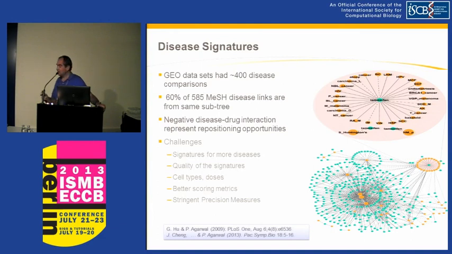Now, with all these expression-based approaches, like genetics, you have some key challenges. The quality of the disease signature is a big issue, and we're looking very actively for more good disease signatures.